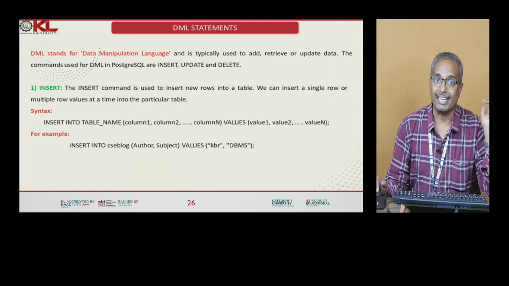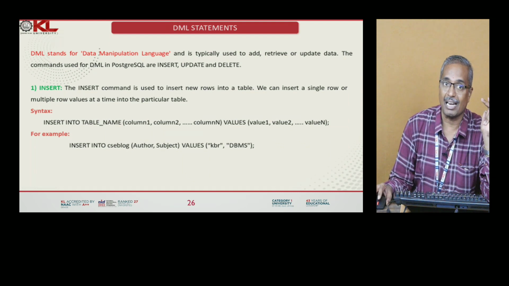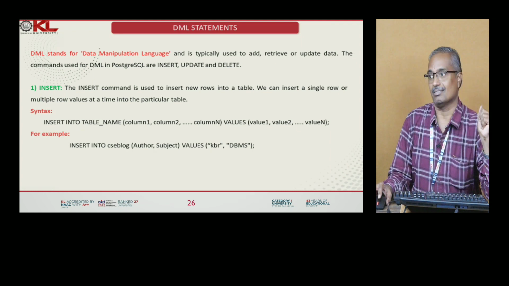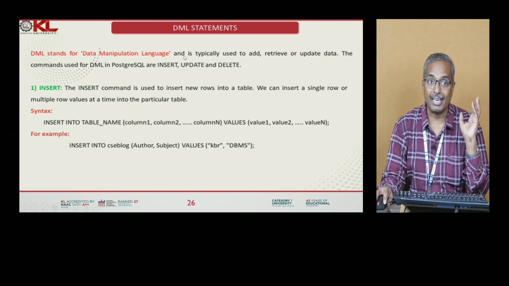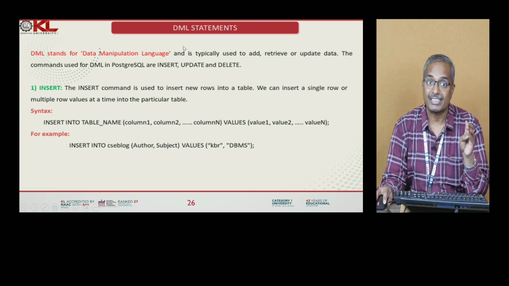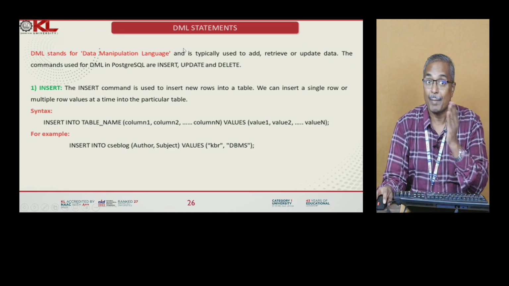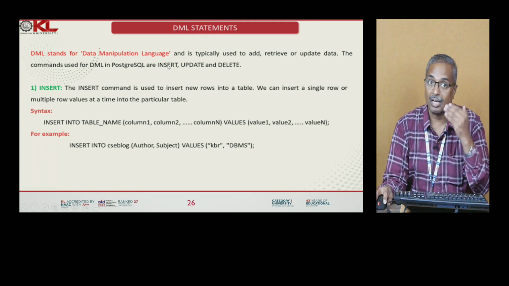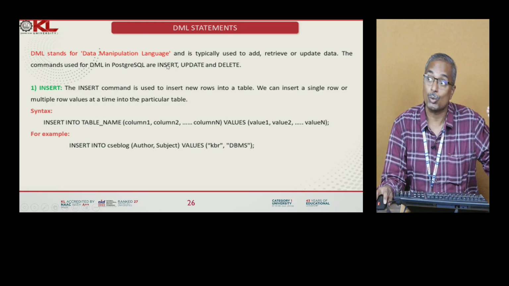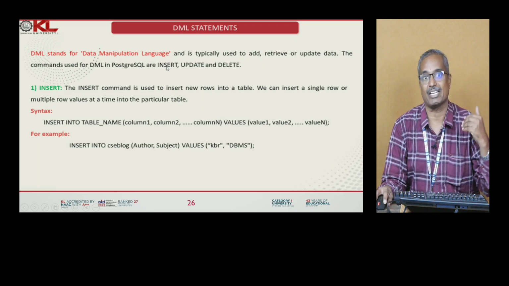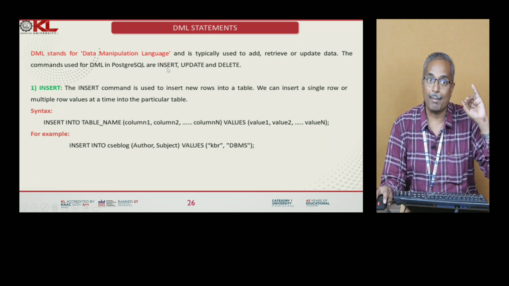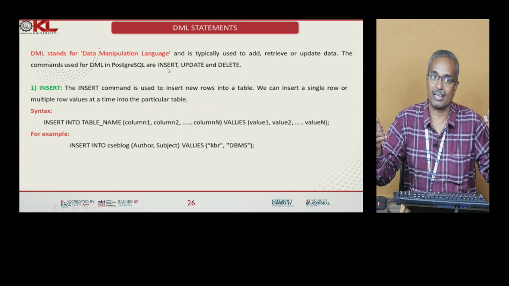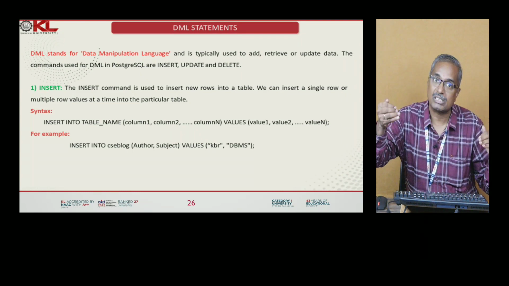So one is DDL, one more is DML, DCL, TCL, DQL, right? DDL means data definition language, DML means data manipulation language. Hope all of you are following. DQL means data query language. So DML, 3 more also there, but we can discuss in one more session.